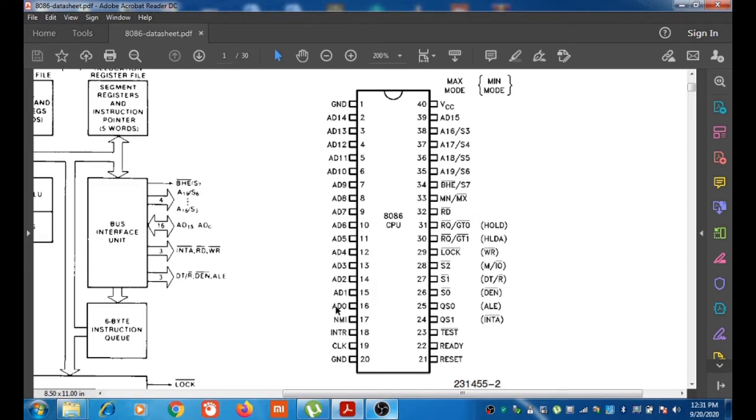These lines are A0 to A15 and D0 to D15. That is, address lines A0 to A15 and data lines D0 to D15. So when will this carry address, and when will it carry data? I will discuss it at the time of learning the timing diagram of 8086.